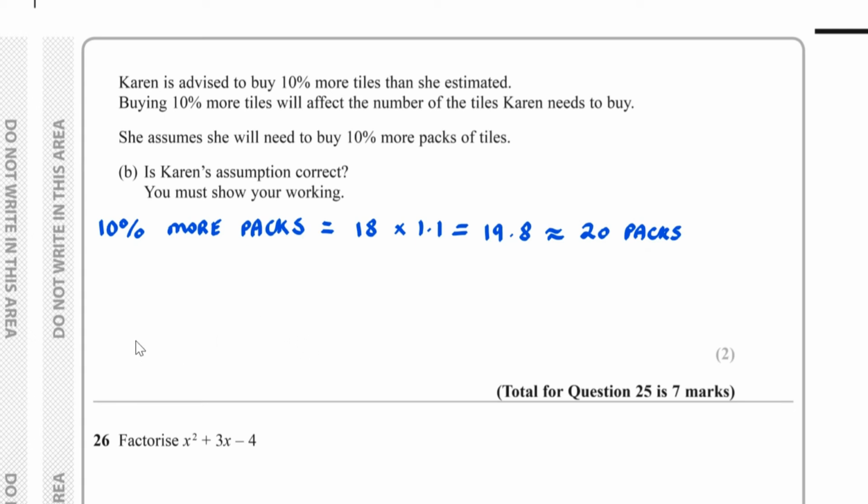And so what we need to do is verify that we get 10% more packs.